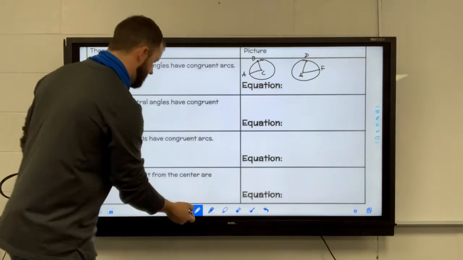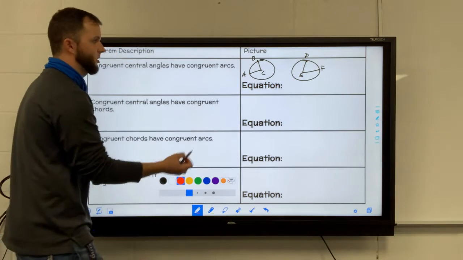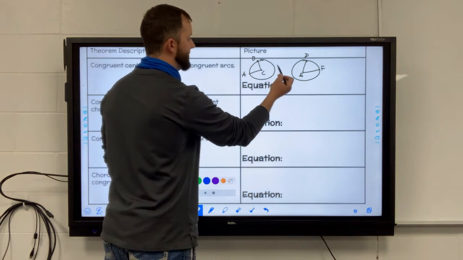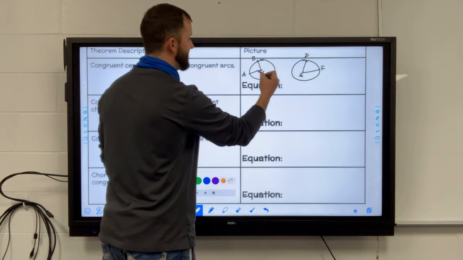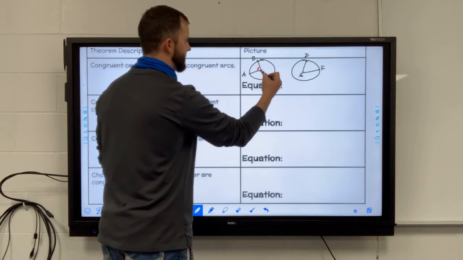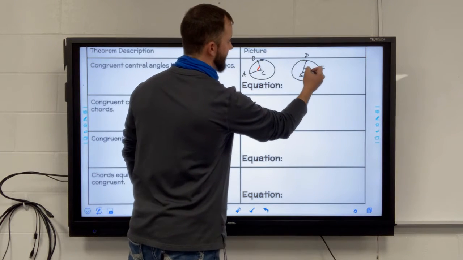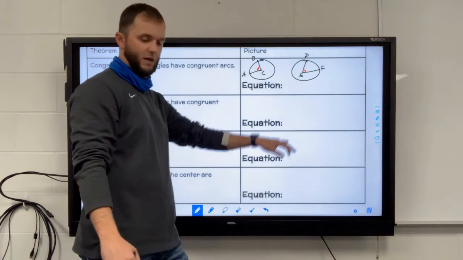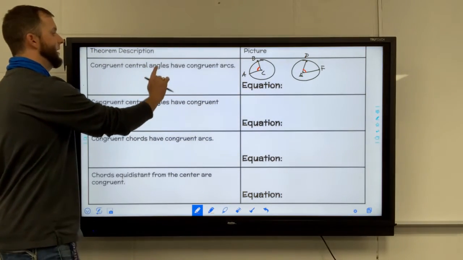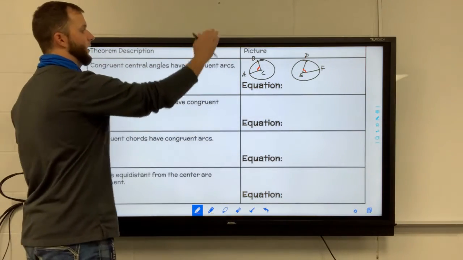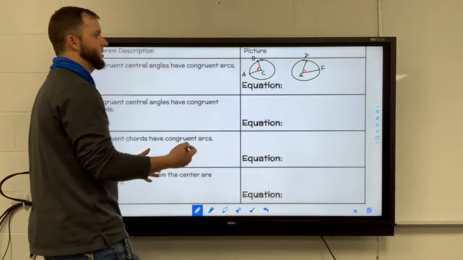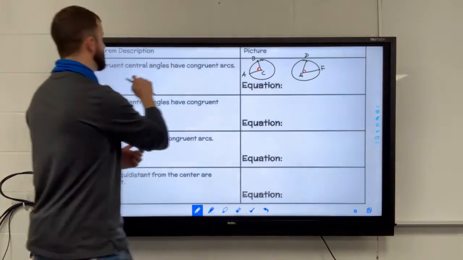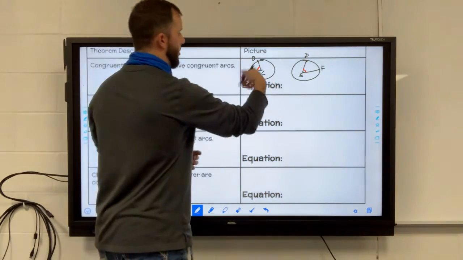So in this situation, if both of these angles are congruent, angle BCA and angle DEF, I just drew two marks proving that those two are congruent, then the angles have congruent arcs. If the two central angles are congruent, then the two arcs are congruent.